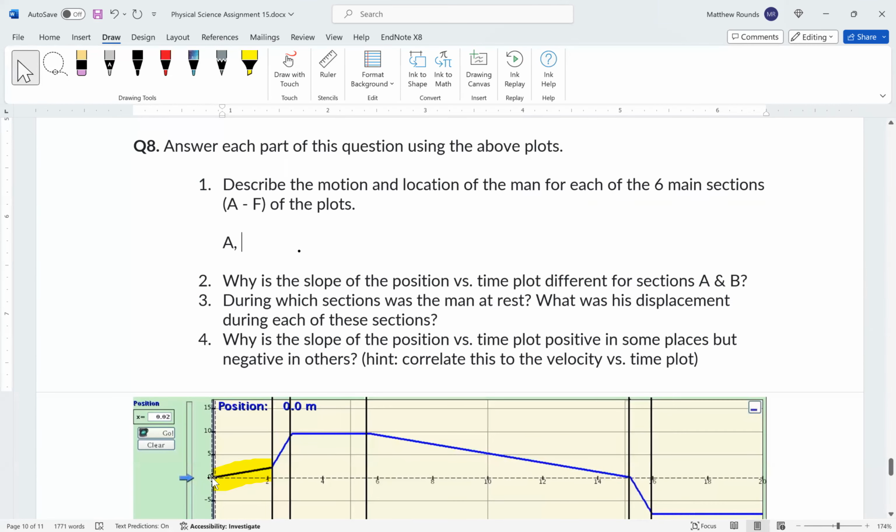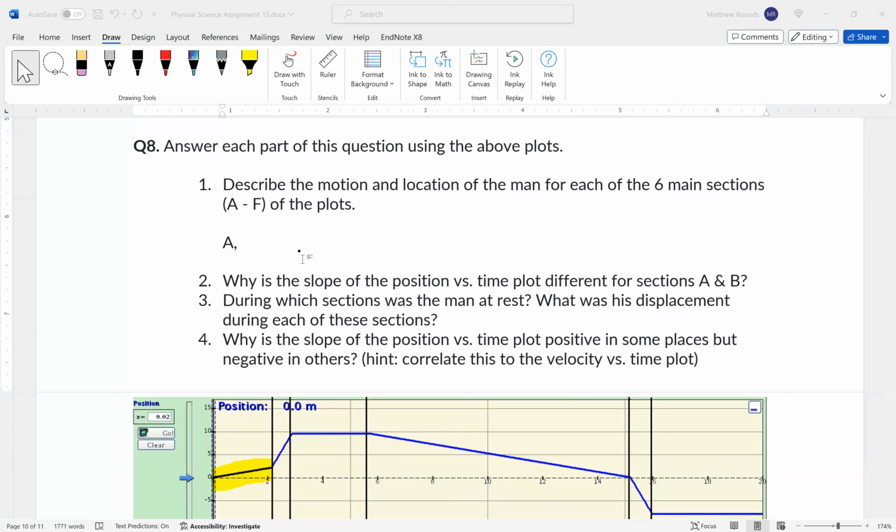So what is his position? What's the Y value where he started? He started at 0. Okay, and he ended at, I know it's hard to see, let me zoom in, around 2.5. It's really hard to see. We'll say 2, 2.5, 3, anywhere in there is fine.